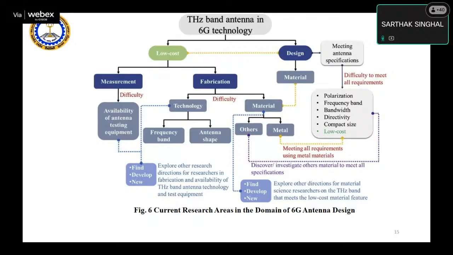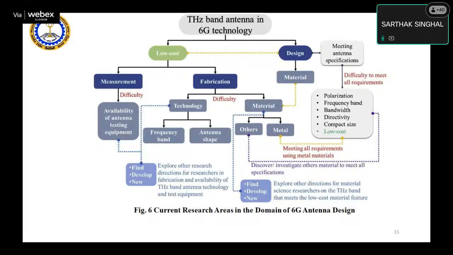Now, with the perspective of design, one of the issues is materials. The second is that it should meet all the antenna specifications, because we need the polarization also; circular polarization is preferable. Even if it is linearly polarized it is acceptable, but it is preferred to be circularly polarized.